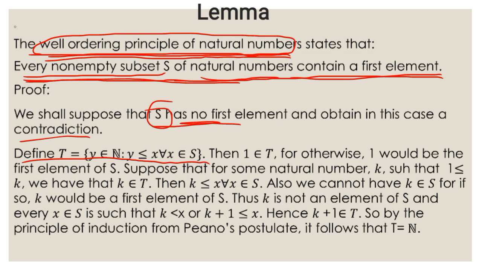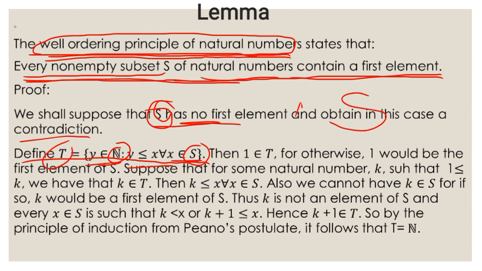This set will be the one collecting everything that shouldn't be in S. It is defined such that T is the set of elements y in the set of natural numbers such that y is less than x for every x in the set S. Remember I said this set T will be collecting everything that shouldn't be in the set S.